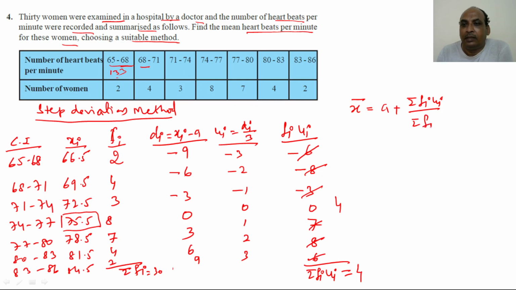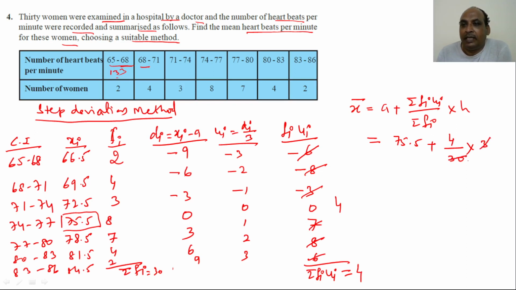This is called the step deviation method. So the assumed mean, what we already assumed, is 75.5, plus sigma Fi ui is 4, sigma Fi is 30, into h is 3, since 68 minus 65 is 3.